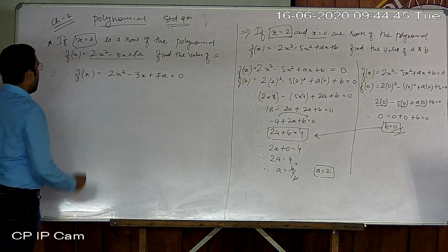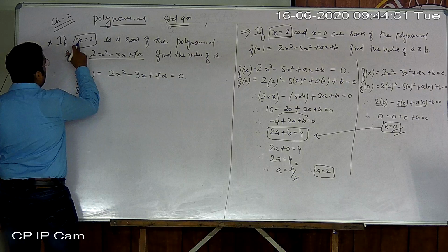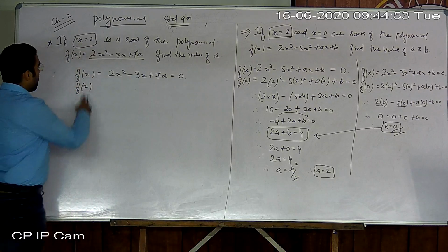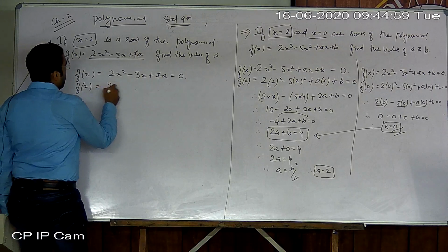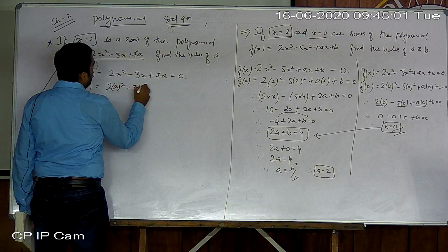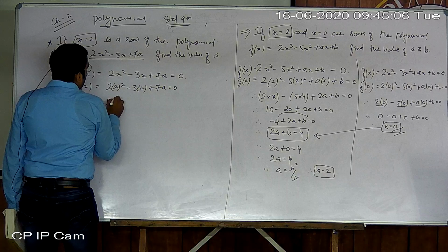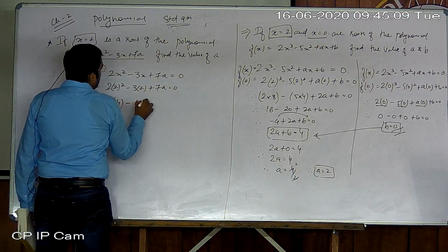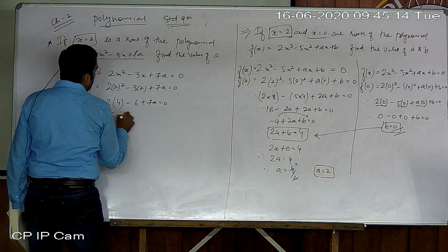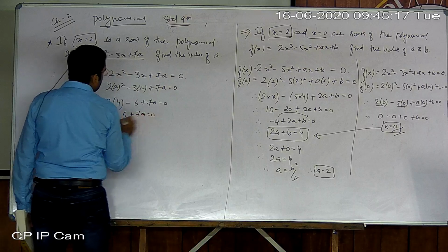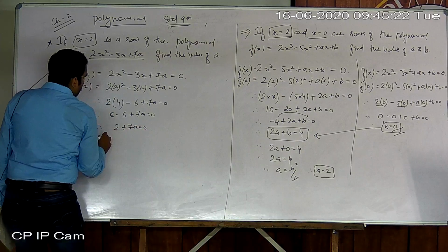Now I'll put the value of x equal to 2. So 2 into 2 square minus 3 into 2 plus 7a equal to 0. Therefore 2 into 4 minus 6 plus 7a equal to 0. 8 minus 6 plus 7a equal to 0, so 2 plus 7a equal to 0.